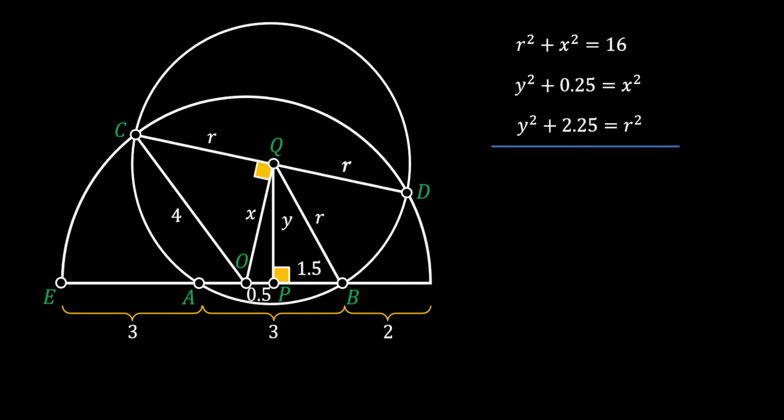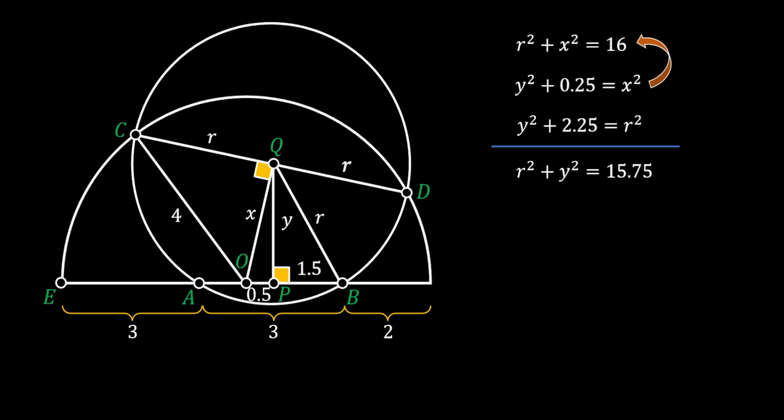You can approach this in multiple ways, but I'm going to substitute the second equation, which equals x squared, instead of the x squared in the first equation, and we will get the following. Now we will just subtract the 16 and 0.25, and we will get that it is 15.75.